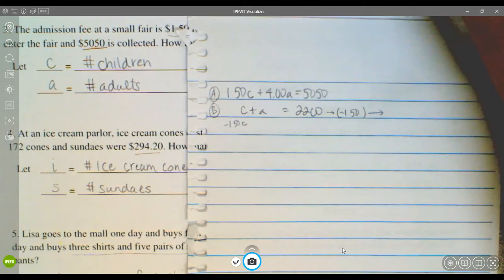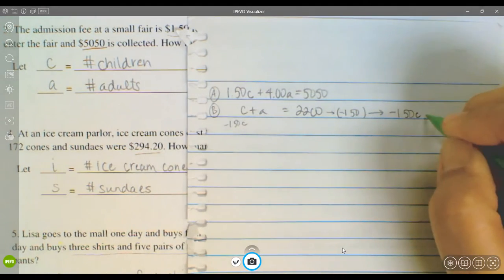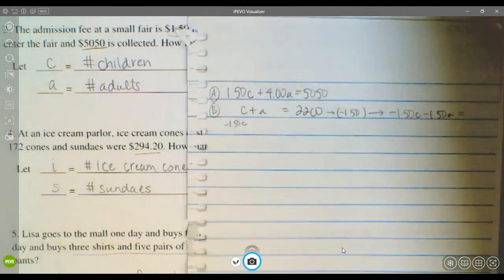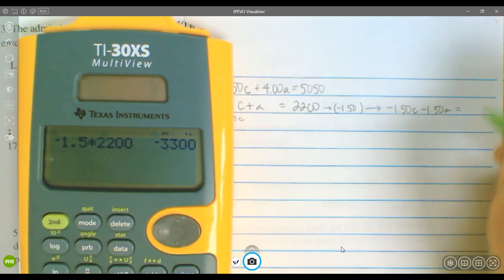And when I do that, I'll get negative 1.50 C minus 1.50 A equals, and I need my calculator here. All right. Negative 1.50 times 2,200 is negative 3,300.